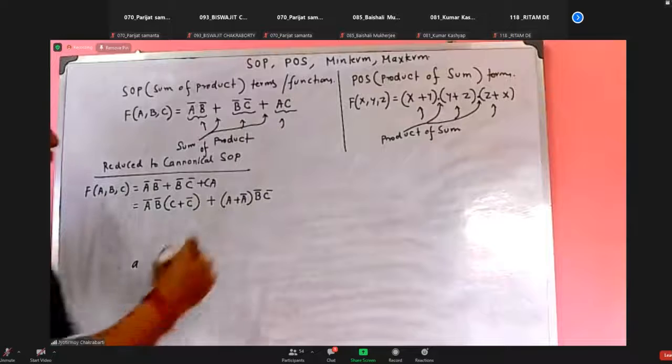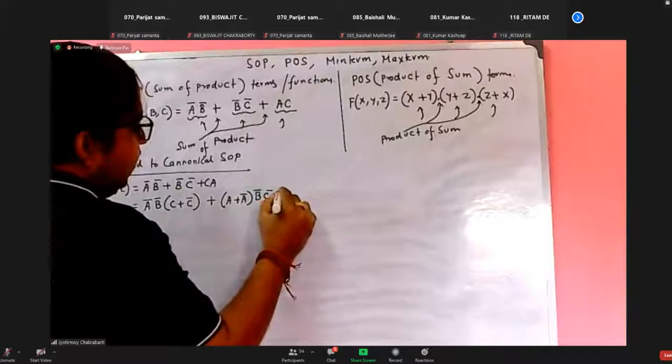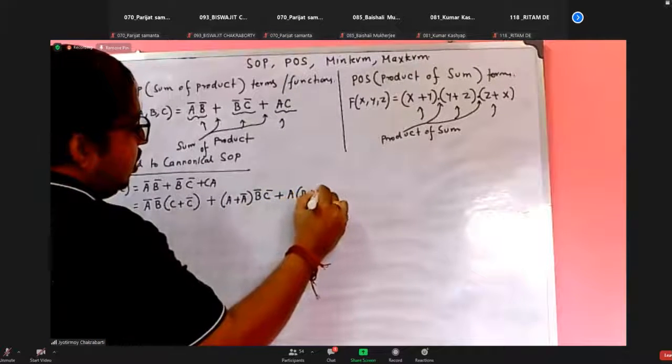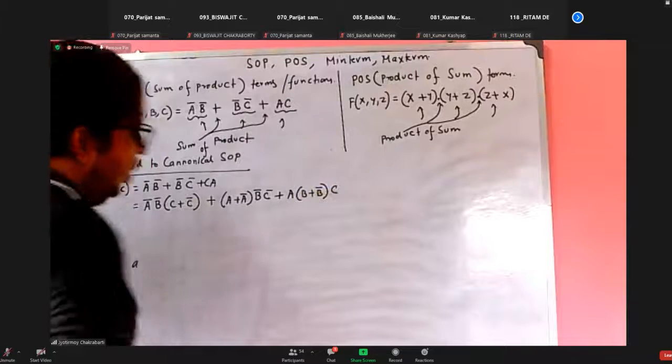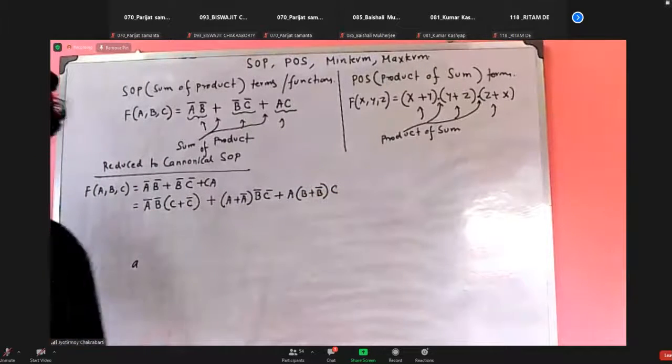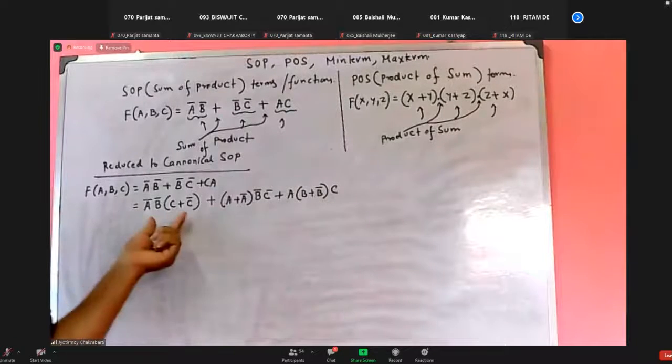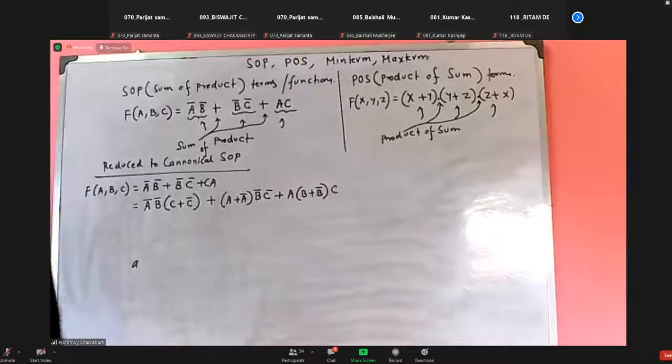So next, which one is missing? B is missing. So what is this, A plus A bar or C plus C bar? This is nothing but equal to 1. Learn from Boolean algebra: multiplying a product term with 1 will not change its value.